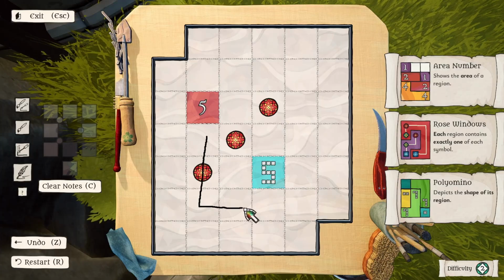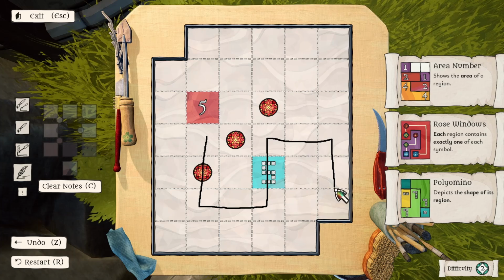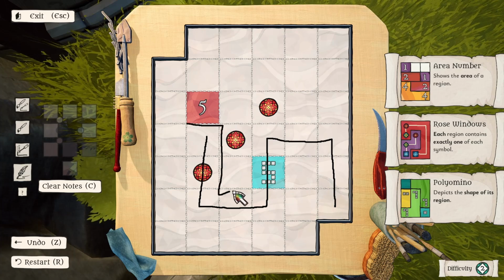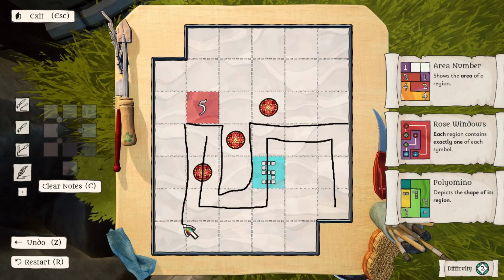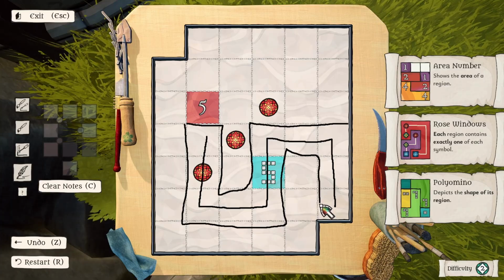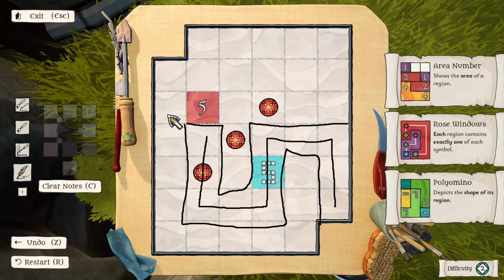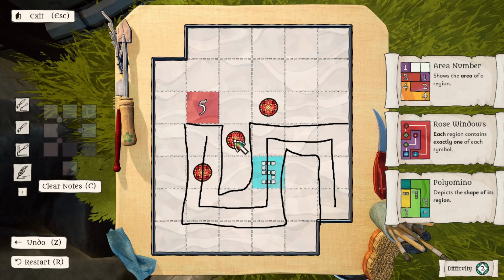What about this to here to that and then to here? Now we just need to have a 5 region that does not block this off and takes only one of these without blocking the other.